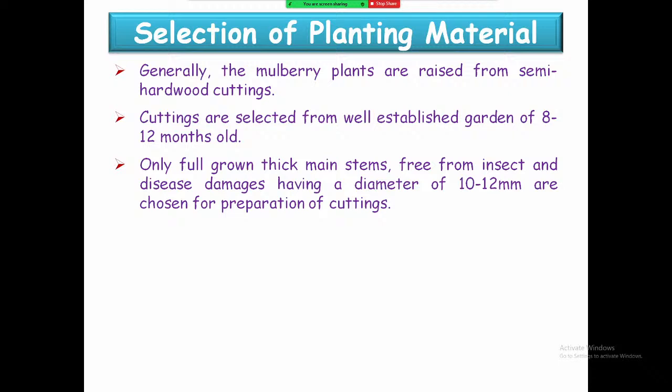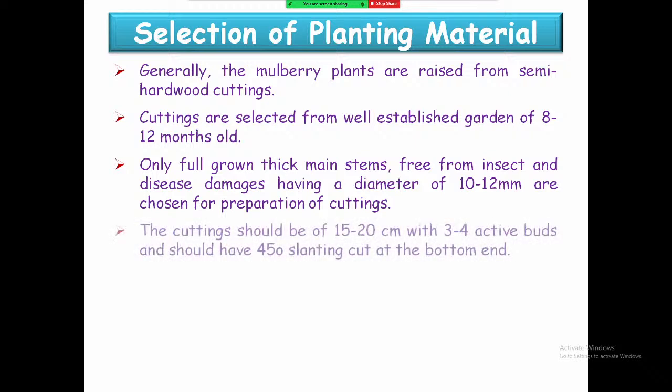Okay, you can choose likewise for the preparation of the cuttings. Then the cutting should be of 12 to 20 centimeter. बघा ते कट किती घ्यायचे आपल्याला, 15 to 20 centimeter लांबीचे कट्स घ्यायचे, which have 3 to 4 active buds.